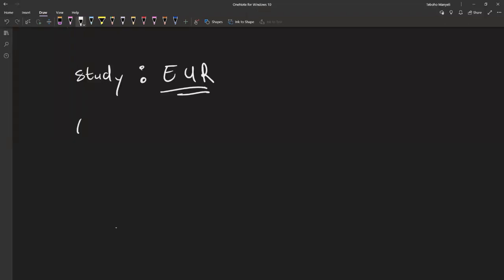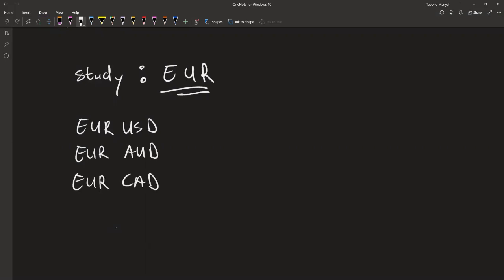This would include euro USD, euro Australian dollar, euro Canadian dollar, euro GBP. What other euros do we have? Euro NZD.